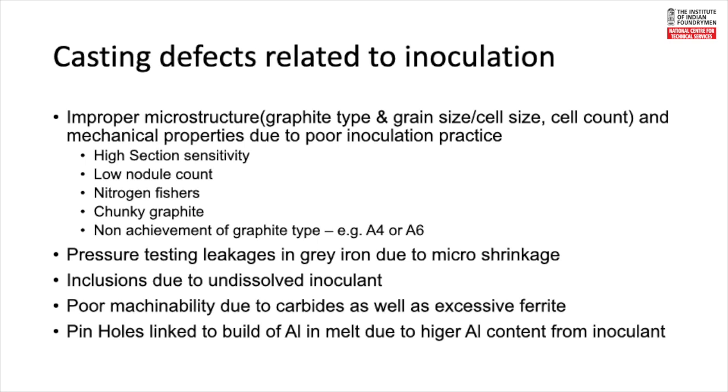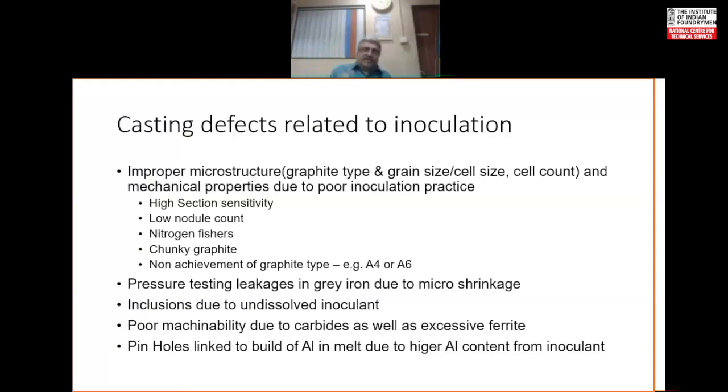That means you have a casting with a big mix of thin and thick sections. And if your inoculation is not proper, then you will get vastly different microstructure in two different sections of the casting and different properties, and that may become a problem.